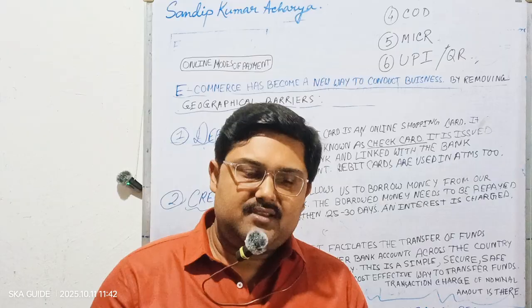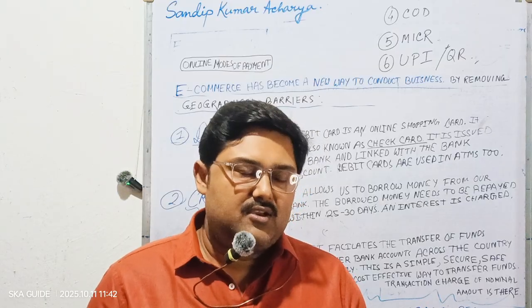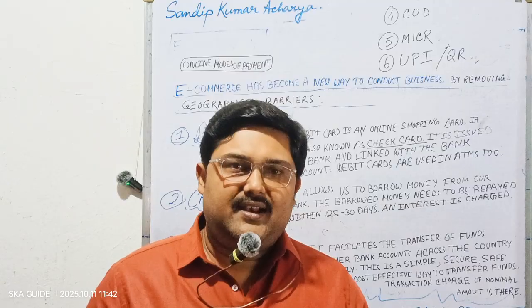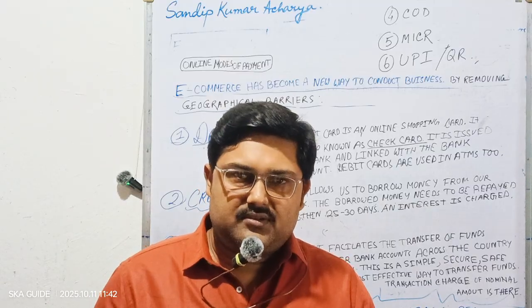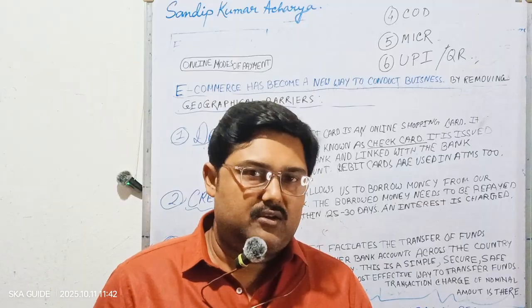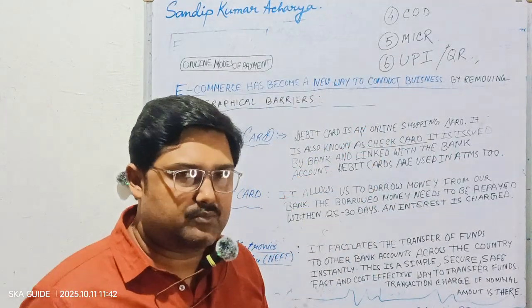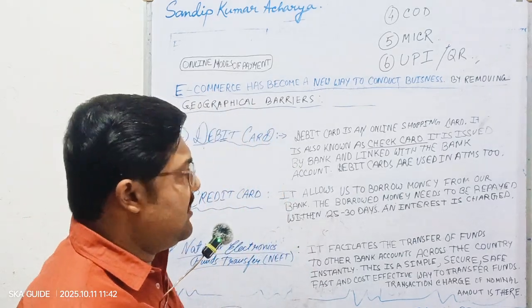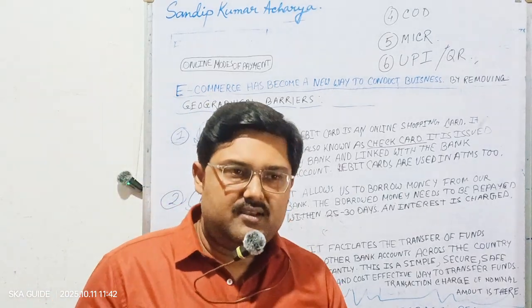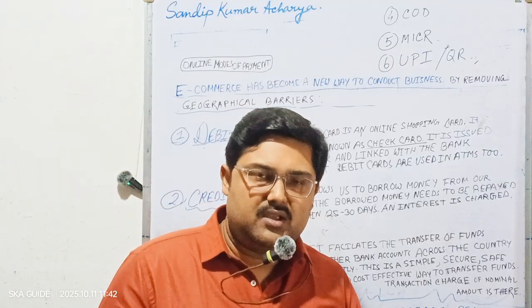But all these are micro transactions, small amounts, while you cannot send 10 lakh rupees or 1 crore rupees using UPI or QR. But it is a safe and secure homemade product. India has invented this system, and it is gradually being accepted by the global economy or global payment system also.